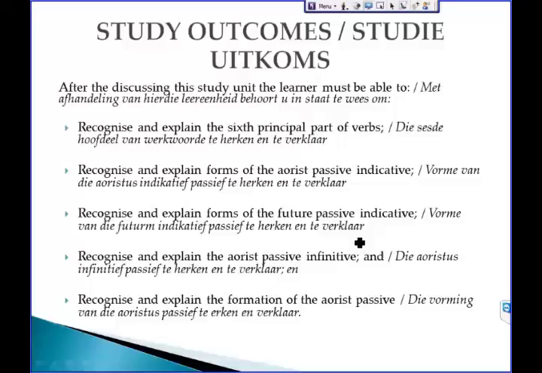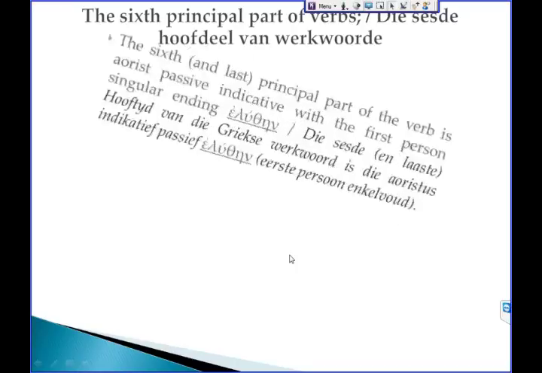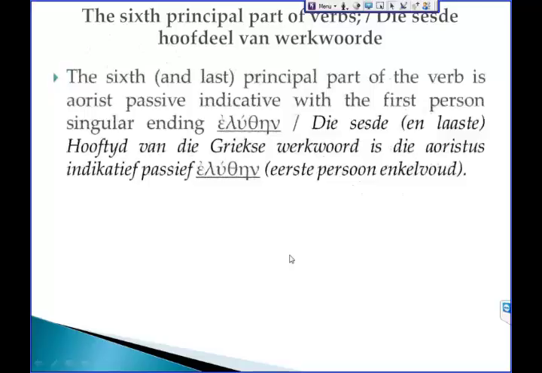So please, I'm not just wasting time by mentioning all these things. We really want to recognize, we must know, look at what you are reading and be able to tell me what is going on here. All right? That's why we're taking time also studying how these forms are formed. Okay? Right, the sixth principal part of the verb, very straightforward again. And the last, that's what I'm emphasizing, to your joy.